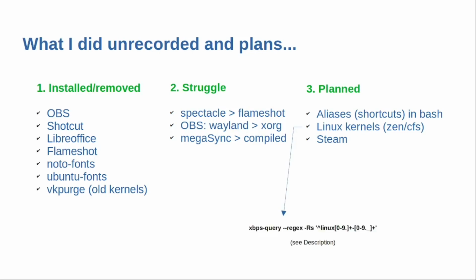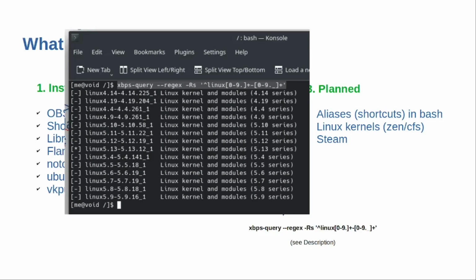One thing: when we are looking for kernels in Void Linux, we can use xbps-query with -Rs and then the text, but a cleaner way is to use regex as an option, and then we specify the text that you see here.